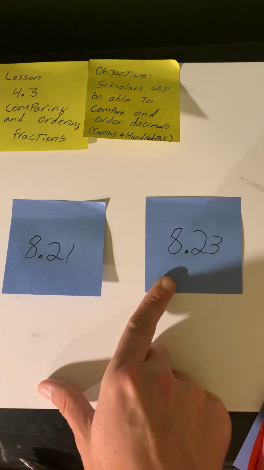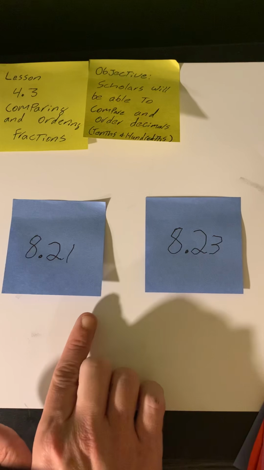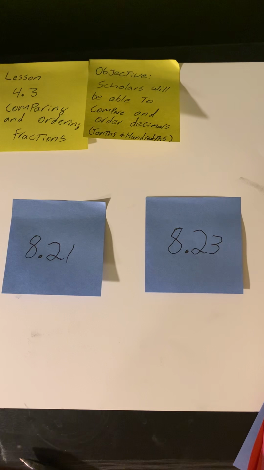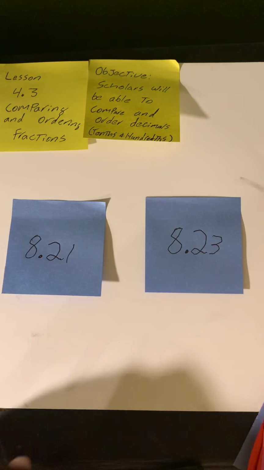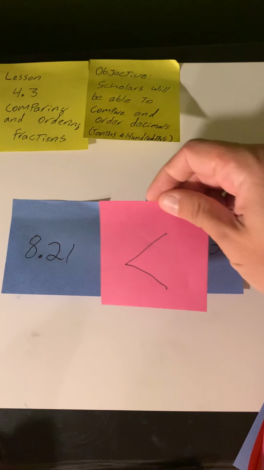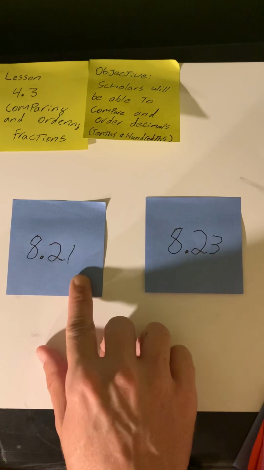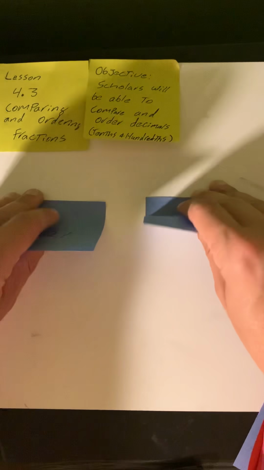Which of these two is greater? 8 and 21 hundredths or 8 and 23 hundredths? Take a moment, write that down on a piece of paper that you have by you. Okay? Again, you're comparing using our less than or greater than symbol. 8.21 and 8.23. Okay.